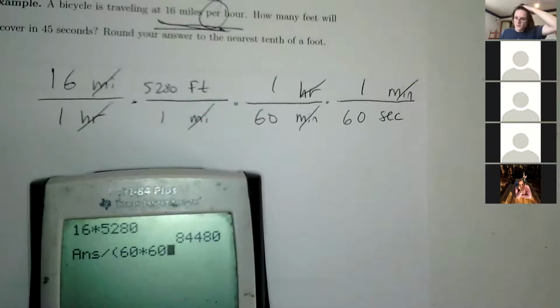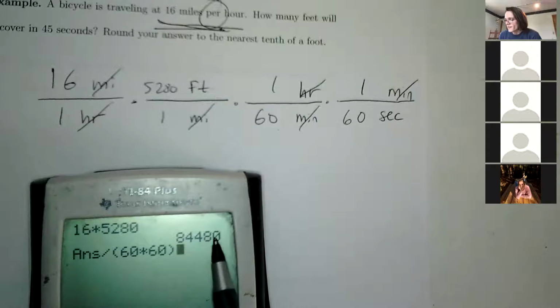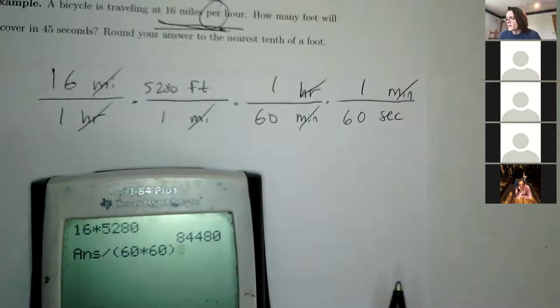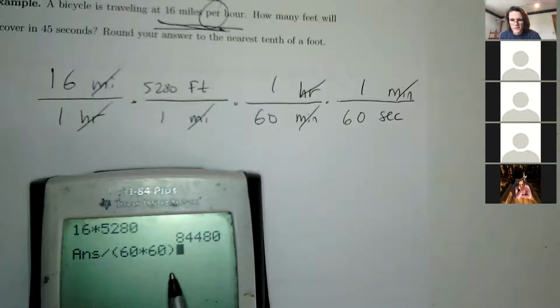And when you're doing divisions on your calculator, make sure you're doing it carefully. So you'll note I did the answer, that 84,000 number, divided, and I put parentheses around the 60s when I multiplied them. If you didn't put parentheses, I'm not exactly sure, I think it would still work. It might depend on your calculator, but when in doubt, always put parentheses.